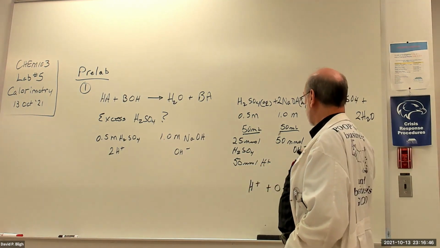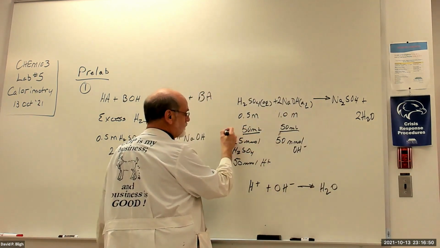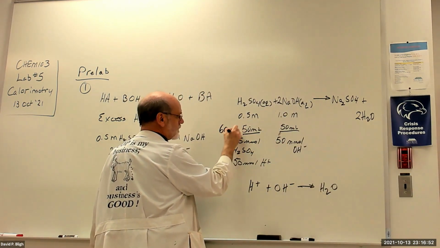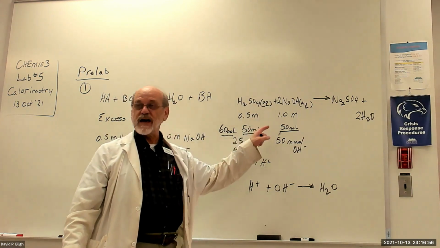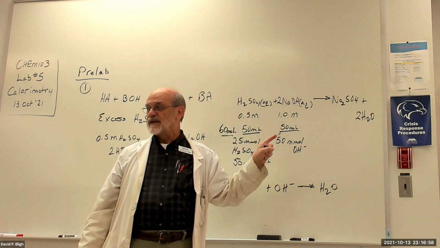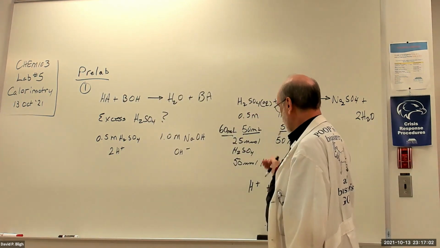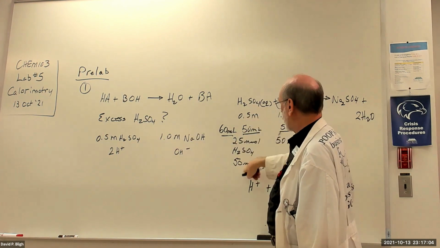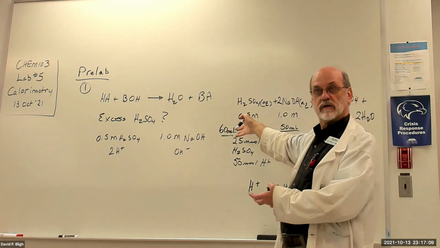So the limiting is going to be sodium hydroxide because we actually have 60 milliliters of this one. So this one's limiting, and when that one runs out, the reaction stops. That guarantees that all of this is used up, and it uses up 50 millimoles of this one in the process, and it has some left over.